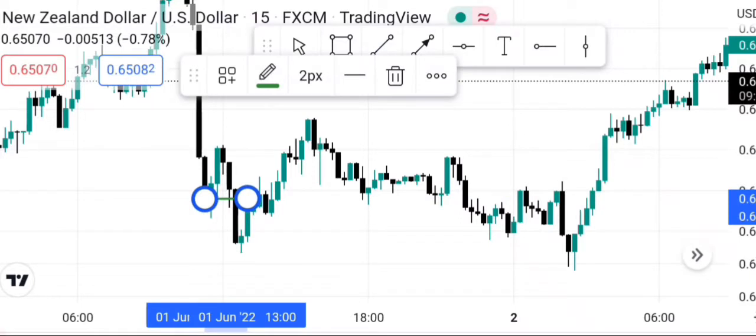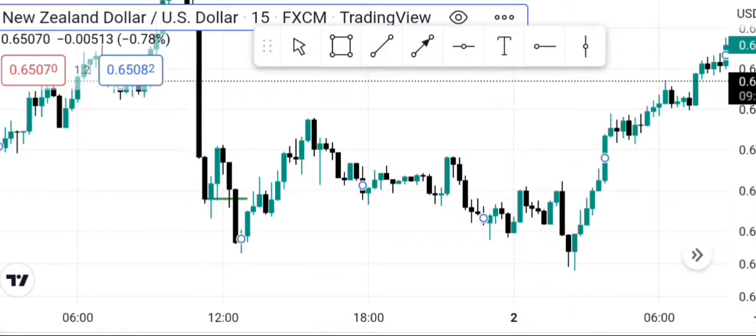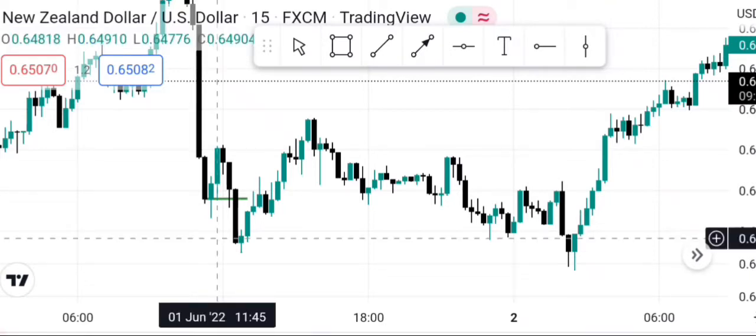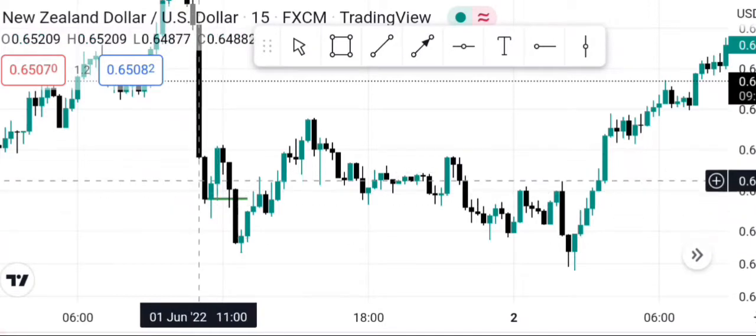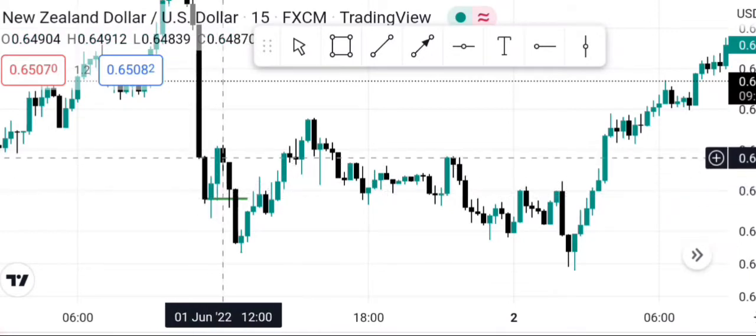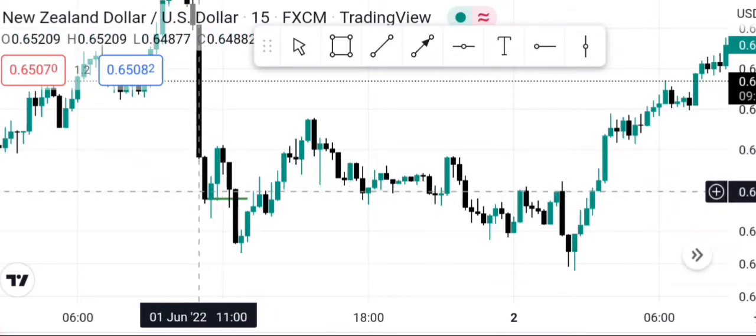Alright guys, now remember the definition of swing lows and swing highs. Now I said a swing low is when the market makes a low and is followed by two consecutive higher lows.